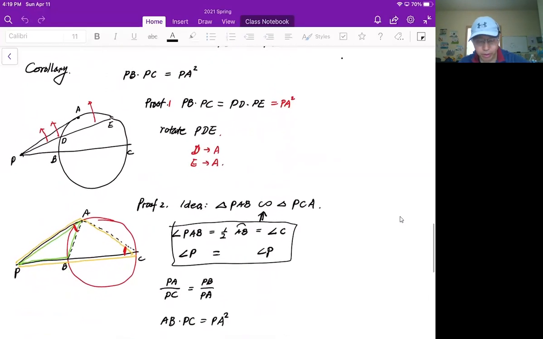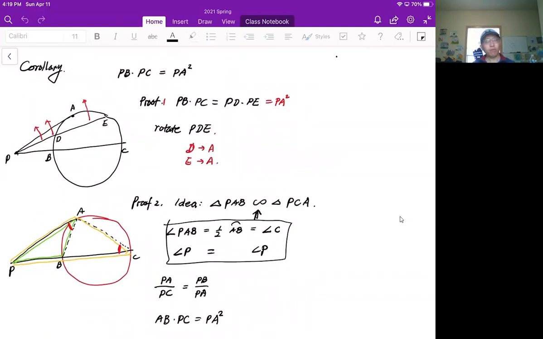If you look at the picture dynamically, for the line PDE, I can rotate it while P is fixed. As I rotate, at some point I get a tangent line.